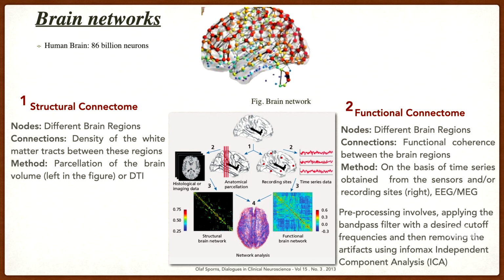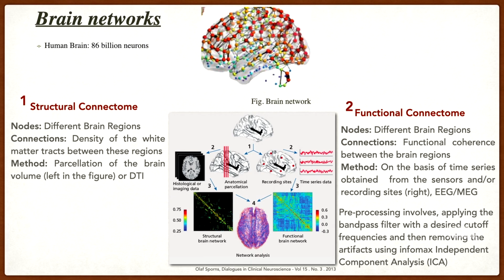The correlation would be there because there is some functional connectivity between them, or if they are completely correlated, it means they are doing the same functional work at the same time. Therefore these are called the functional connectome. This is mapping the function and that is mapping the structure.